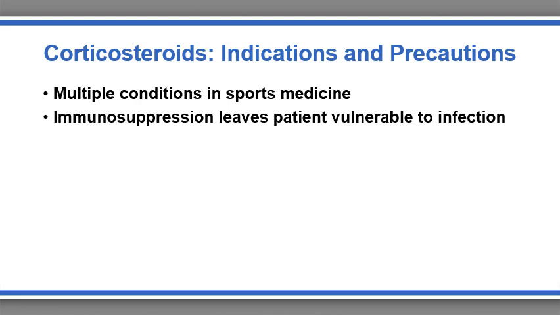So again, know the signs and symptoms of adrenal insufficiency: irritability, nausea, joint pain, dizziness, low blood pressure. The way you avoid that, if somebody is on a higher dose of a corticosteroid, is that they taper off of it over the course of several days or weeks to make sure that the adrenal cortex can resume its normal functioning and produce the appropriate amounts of cortisol.